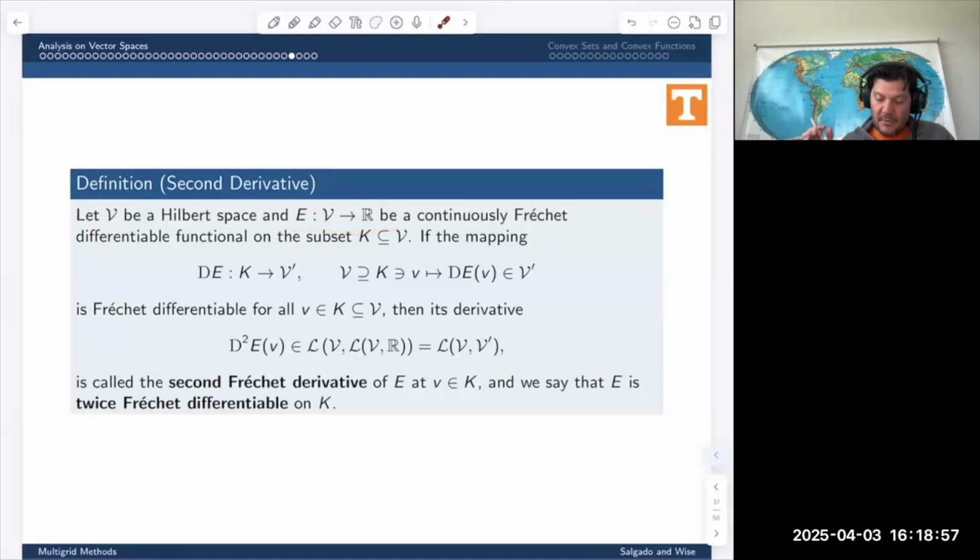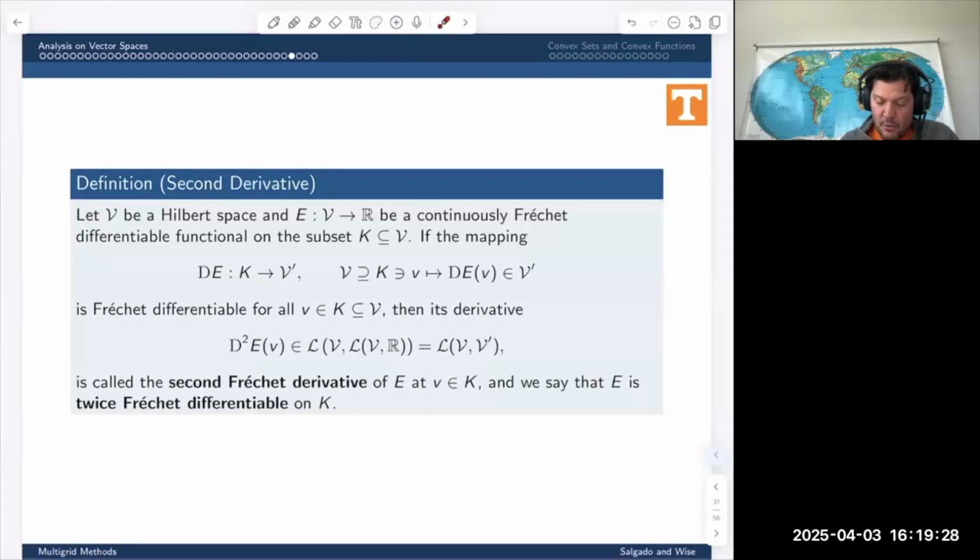Well, if the function is real valued, then its first derivative, if it's differentiable over a set K, is an object that maps K into V prime. In fact, it's a linear function from K into V prime.